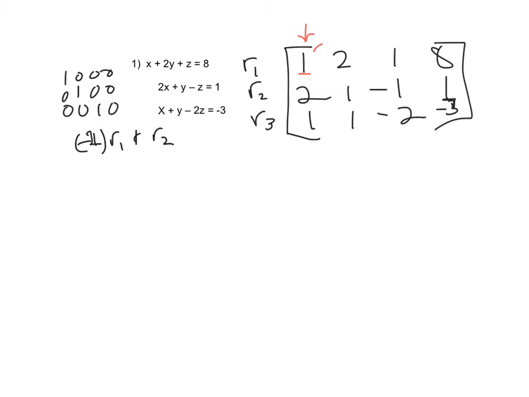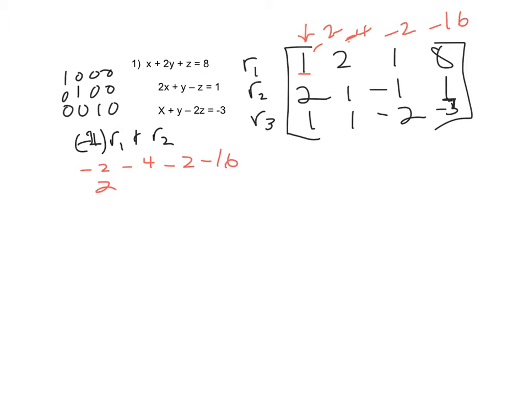So I'm going to multiply by negative 2, so that's going to give me negative 2, negative 4, negative 2, negative 16. All right, so I'm going to take all those and add them to the other row, so I will write that. Negative 2, negative 4, negative 2, negative 16, yep.